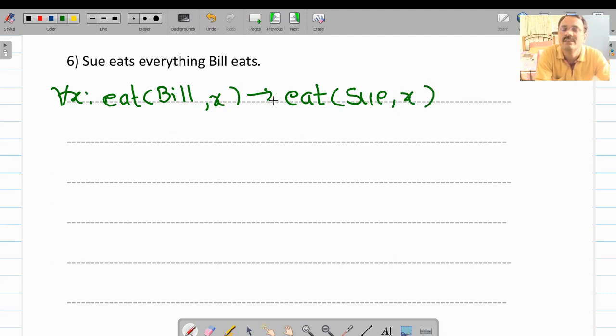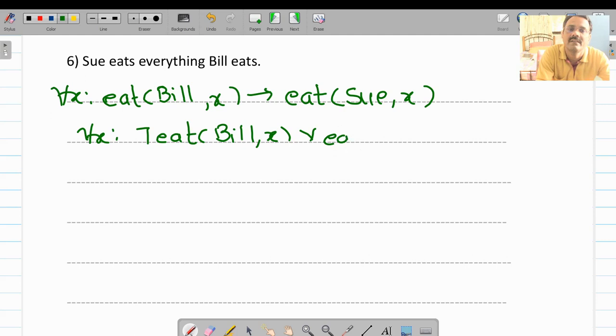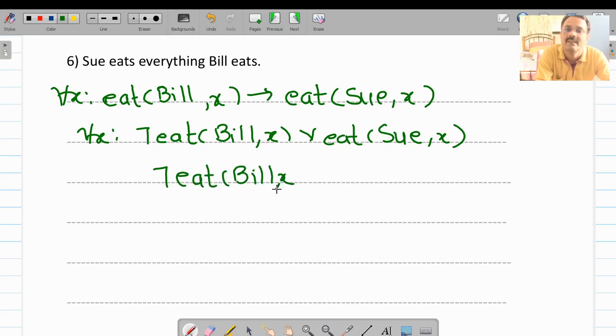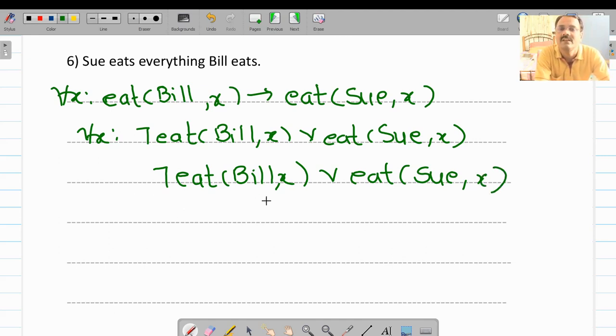Now remove this implication, that will give you for all x, not eat Bill x or eat Sue x. Already it is on the left hand side, you remove it, that will give you not eat Bill x or eat Sue x. So this is the required clause form.